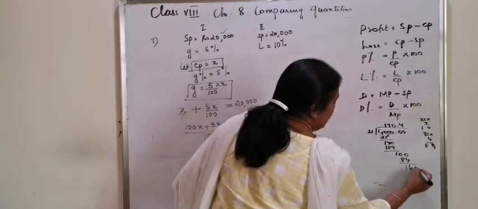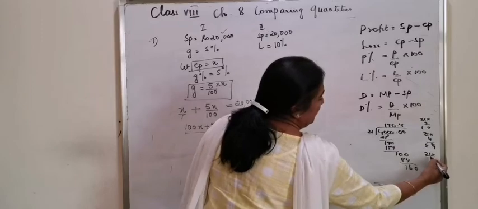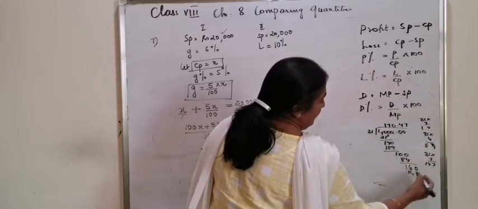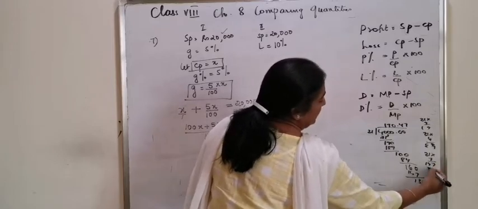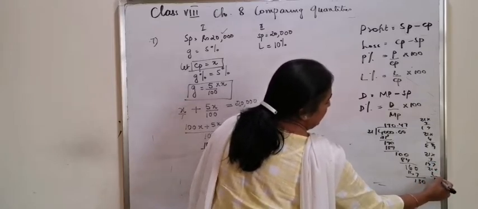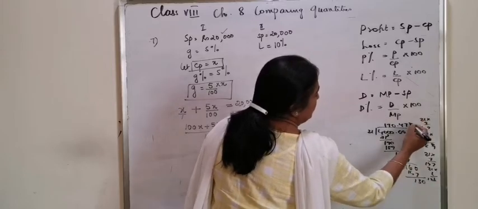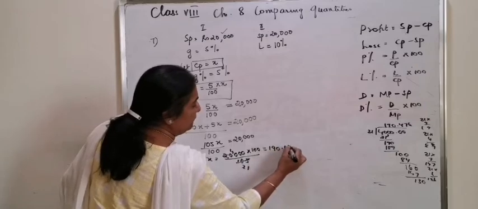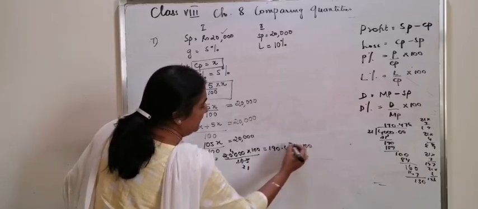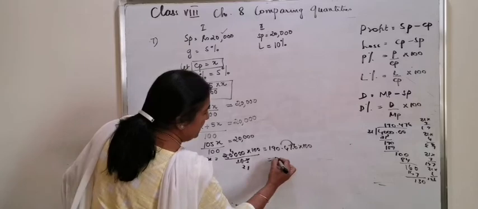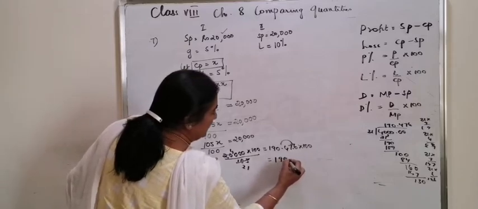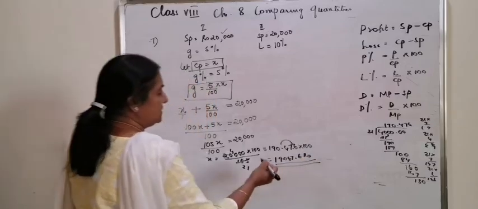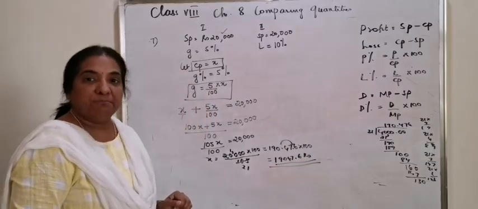It is 16 or 160. 21 into 7 is 147. And it is 130. 21 into 6 is 126. So approximately, this is equal to 190.476 into 100, or we'll shift the decimal place as 19,047.6 rupees. So that was the cost price of the first buffalo.